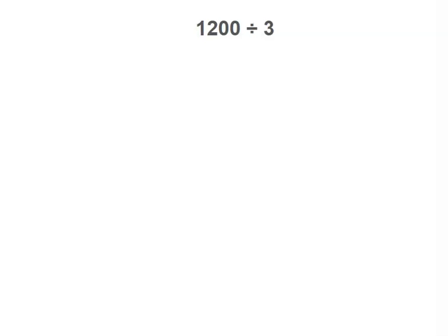1,200 divided by 3. Well, when I see zeros, I think of that and wonder if I can rename that. With 2 zeros, that's the same as 12 hundreds. So I'm going to think of now having 12 hundreds and sharing that among 3.